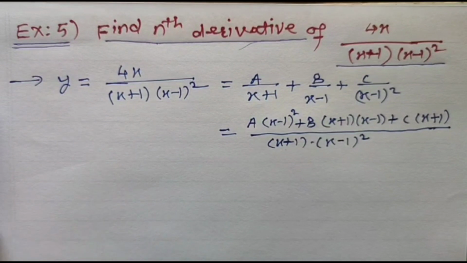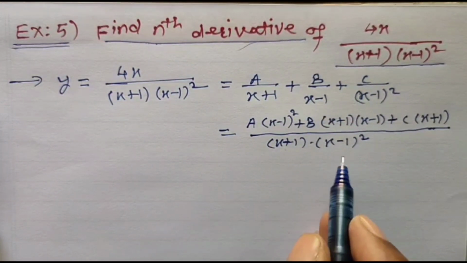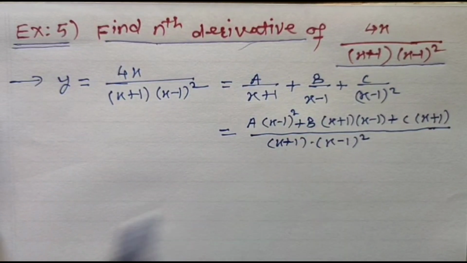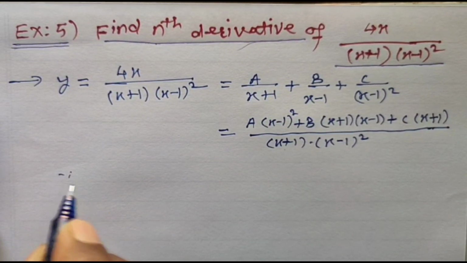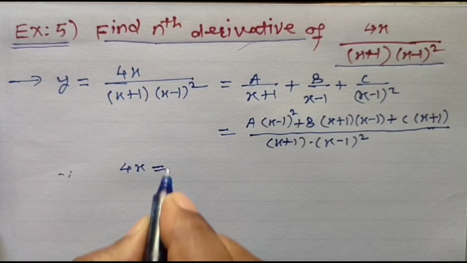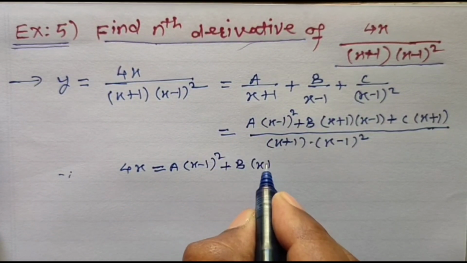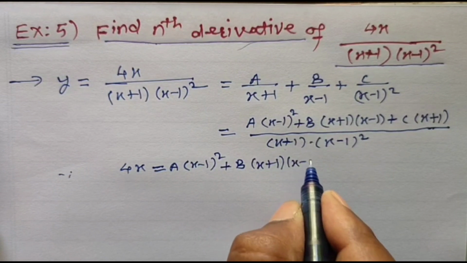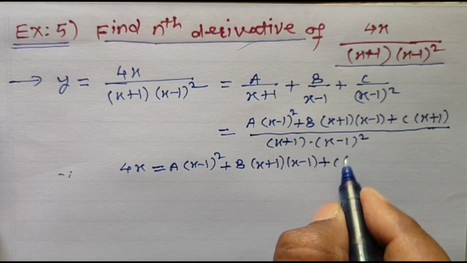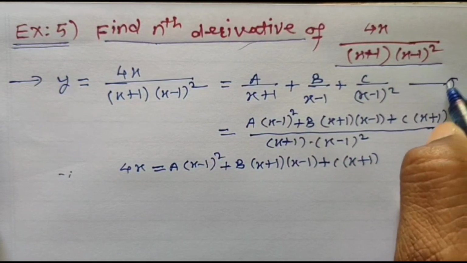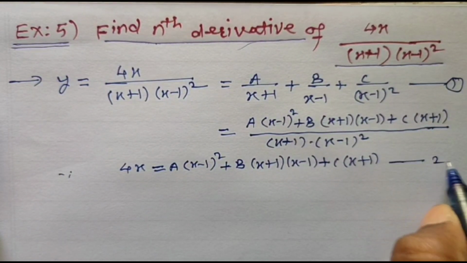Now denominators of right hand side and left hand side are equal, so numerators must be equal. Hence 4x is equal to a into x minus 1 square plus b into x plus 1 into x minus 1 plus c into x plus 1. Consider this is equation 1 and this is equation number 2.